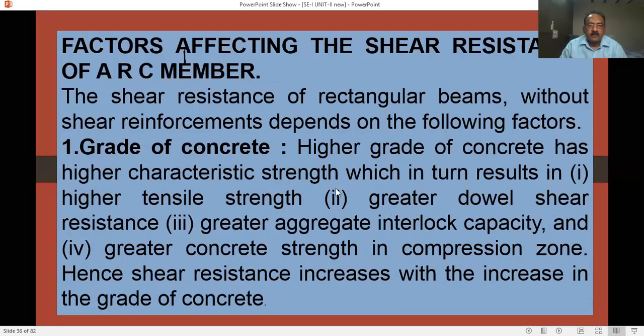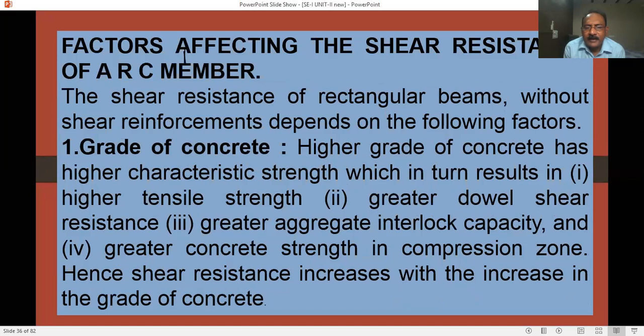What are the factors affecting the shear resistance of an RCC member? See why shear failure occurs. The shear resistance of rectangular beams without shear reinforcement depends on the following factors.